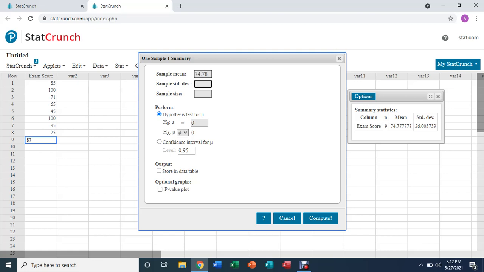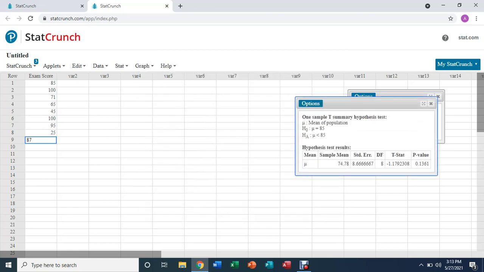The sample standard deviation is 26.0, or just 26. The sample size is 9. The mean equals 85%, and our claim is less than 85%. And you hit compute.